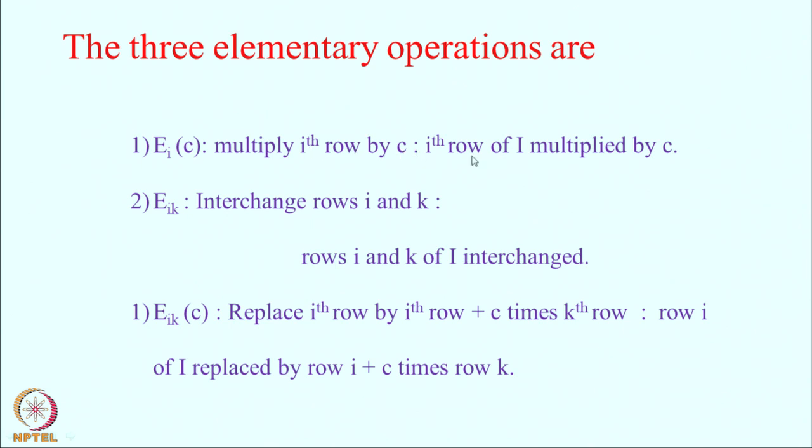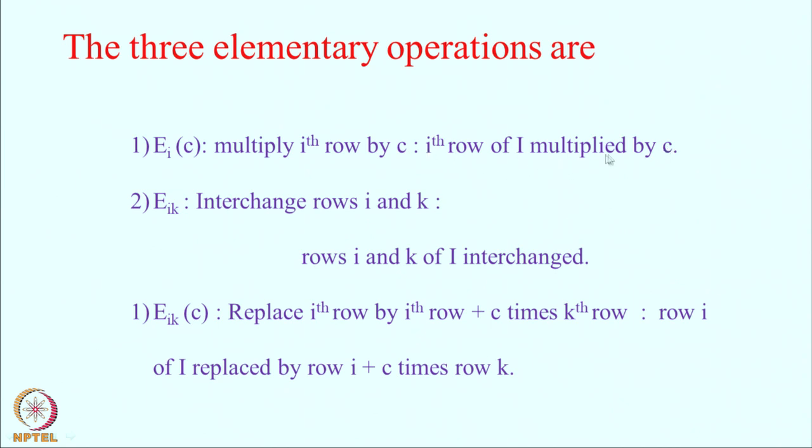How will I do that? I take an identity matrix, and the ith row and ith column element of this identity matrix is multiplied by C. So, it is the diagonal value. The identity matrix has only diagonal values.